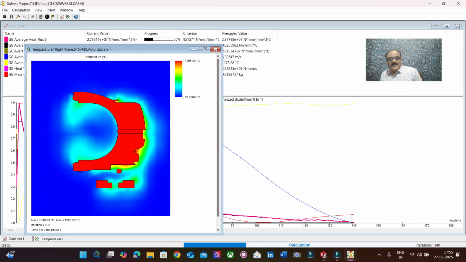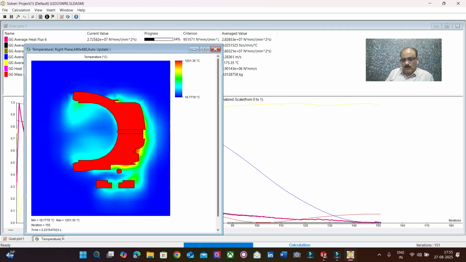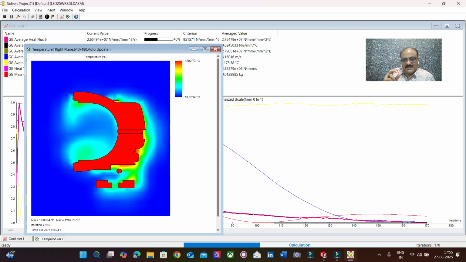So when the computation is going on, I am able to find out the flow. Here I am trying to find out the temperature. You find that the temperature is about 1201.54. That's the maximum temperature, and it is arising from the LED lamp.